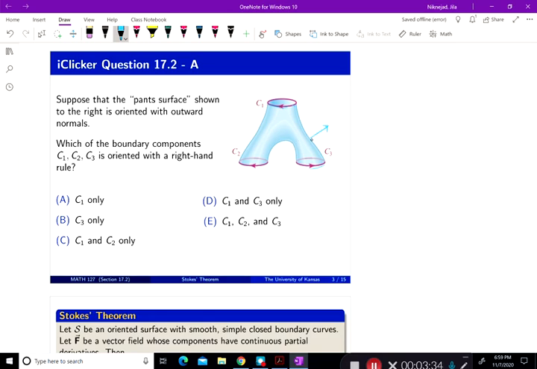With the normal outward, C3 and C1 are the correct orientation, the right-hand rule orientation. So C1 and C3. D is the answer.